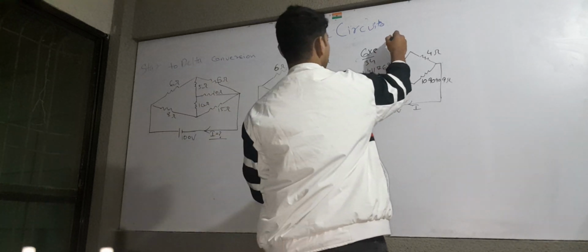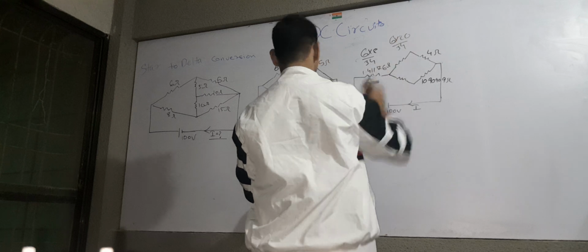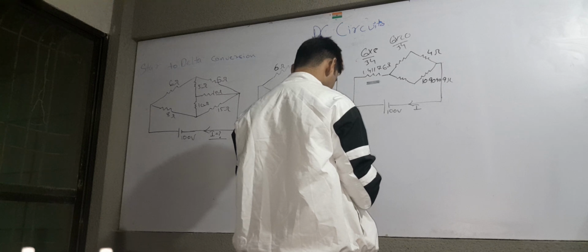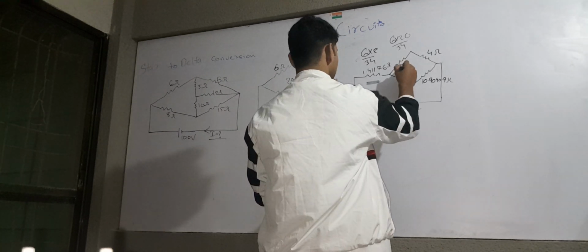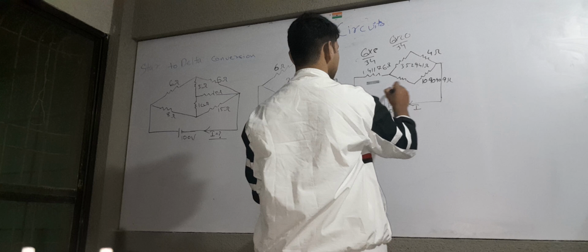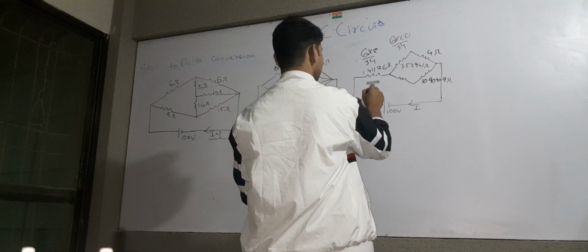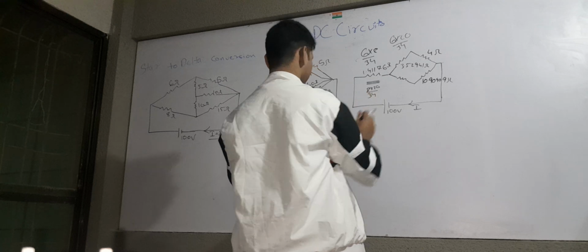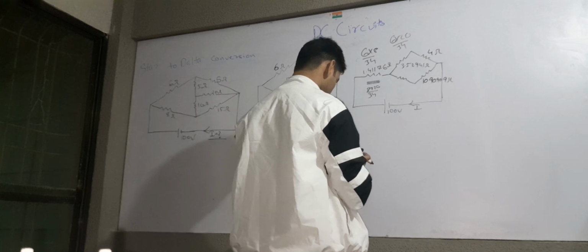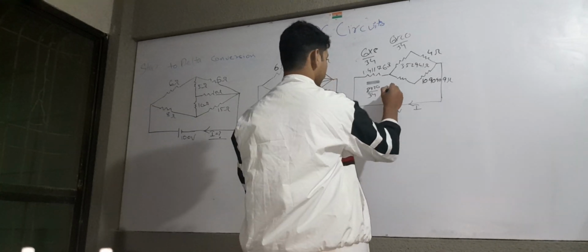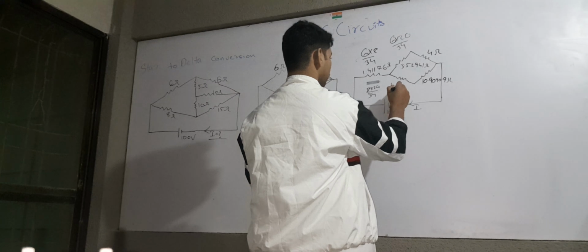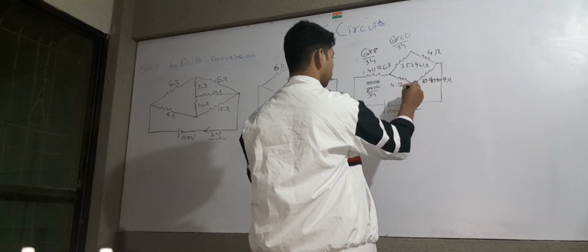This is 6 times 20 by 34, which is 3.52941 ohms. And this one right here is 8 times 20 by 34, and that would be 4.70588 ohms.